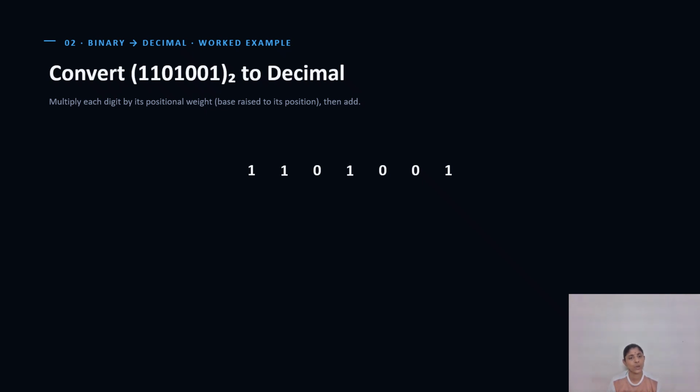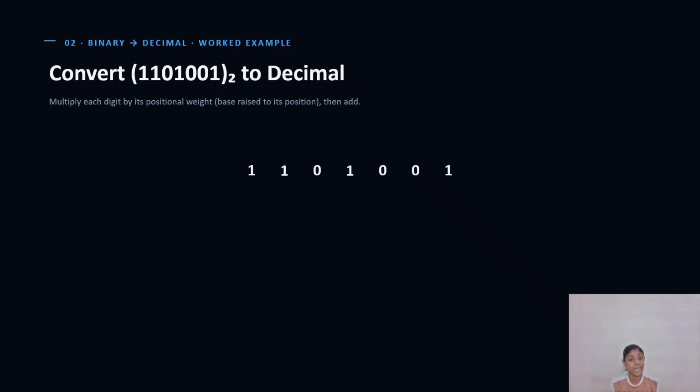So convert binary to decimal. Do you accept that it is binary? Yes, because it is a combination of zeros and ones: 1101001 of base 2. You have to convert this binary to decimal. The same is represented here. Check here: near the base, I have 1, so that is my bit 0. Next is bit 1, bit 2, bit 3, bit 4, bit 5 and bit 6.